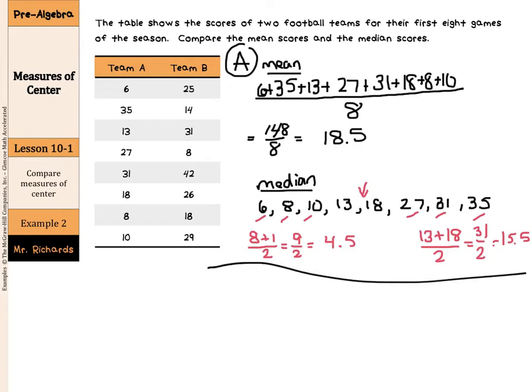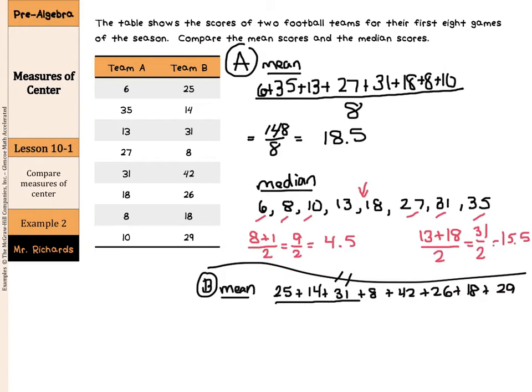Now we get to work on Team B. So to calculate their mean, we have 25, 14, 31, 8, 42, 26, 18, lastly 29, and they also played 8 games.